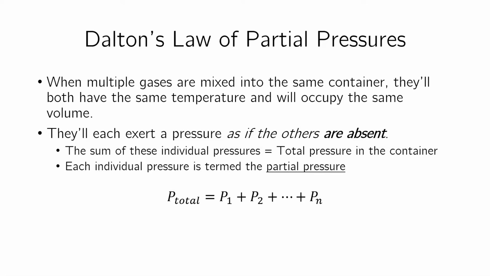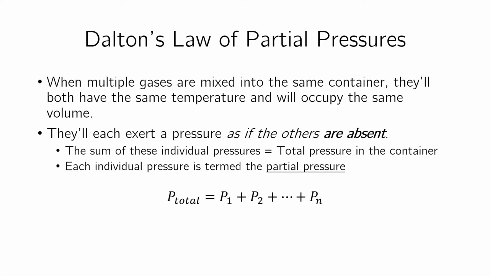This is one thing I will say, though. Each gas ignores the existence of the other gases, so each gas will exert a pressure as if the other gases aren't even there.